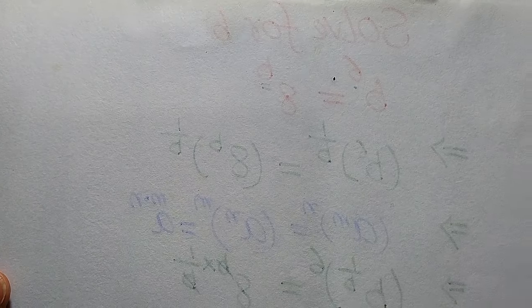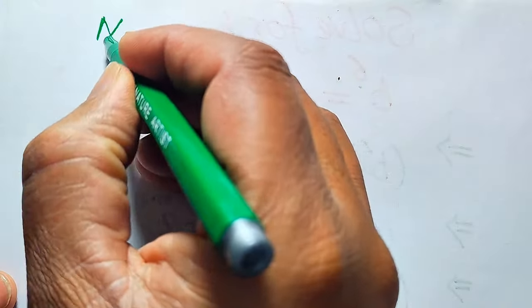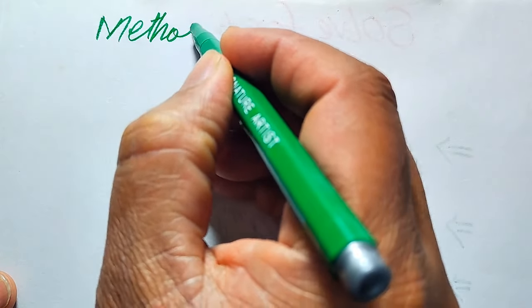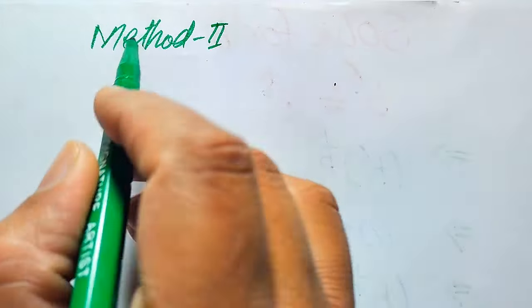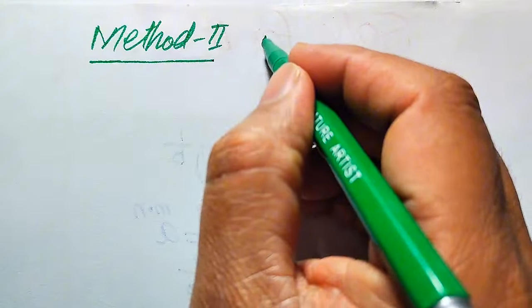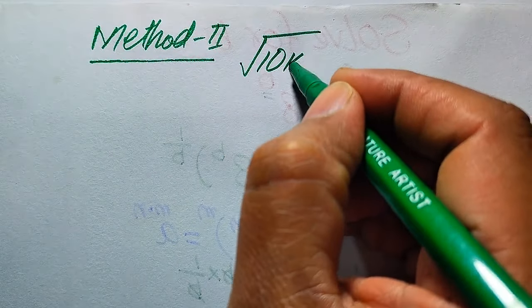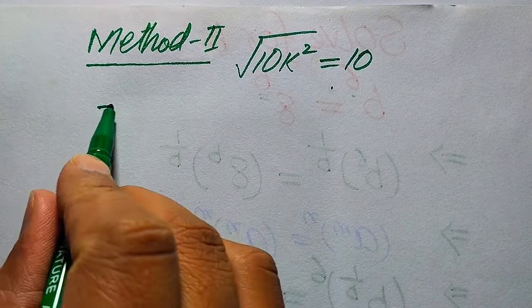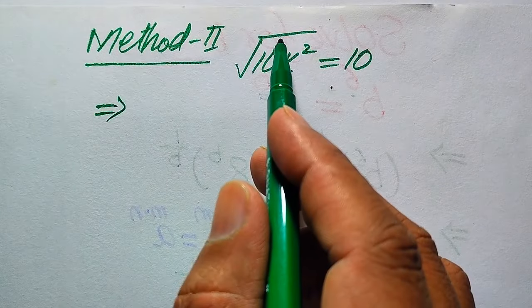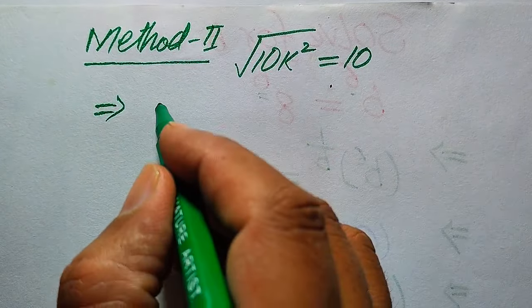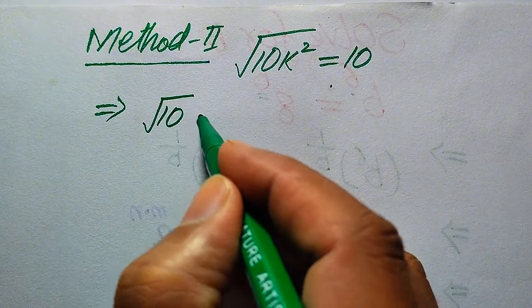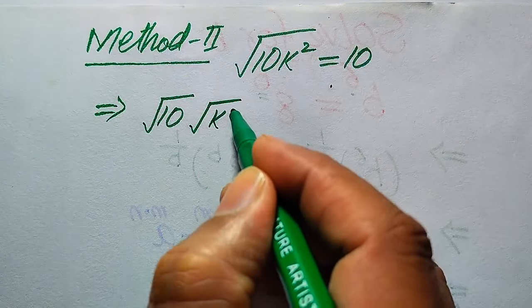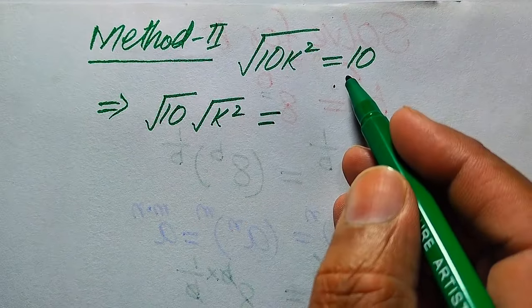So in the second method, first we need to copy down the given question statement here: the square root of 10 times k squared is equal to 10. In the second method, we apply the square root sign separately on both of these two values, and it will be written as the square root of 10 into the square root of k squared is equal to 10.